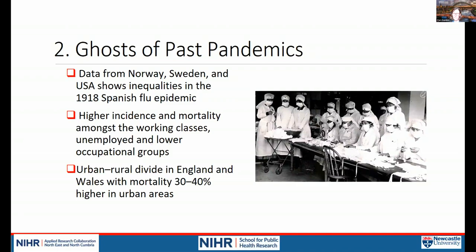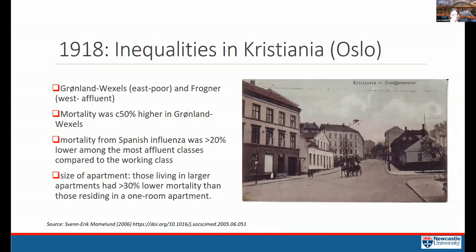I'll just talk about that in a little bit more detail. This is drawing on research by the Norwegian historian Svenn-Erik Mamelund, who looked at historical data of what happened in Spanish flu in the city of Oslo, as was Christiania, and he compared the poorest areas of the city with the more affluent areas.